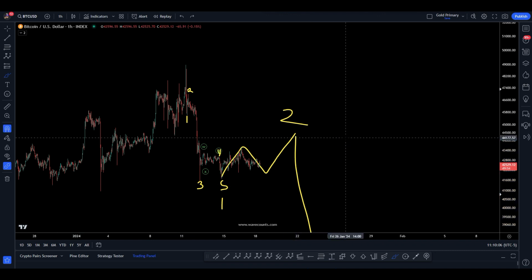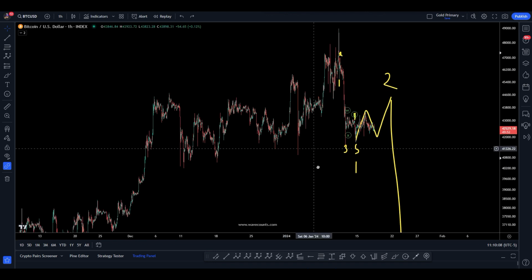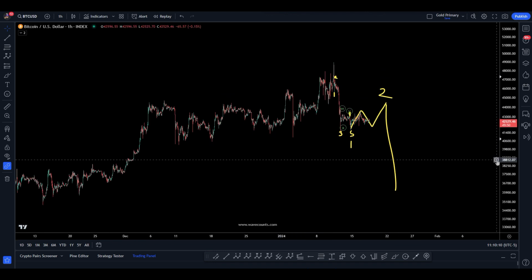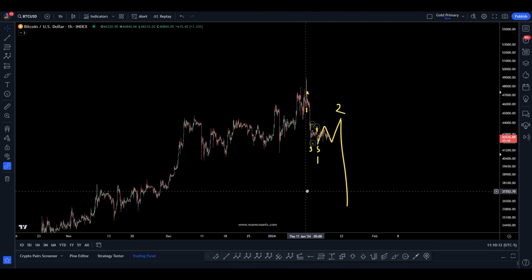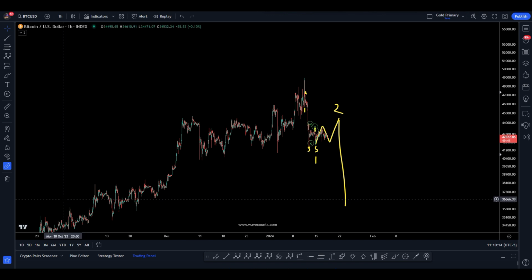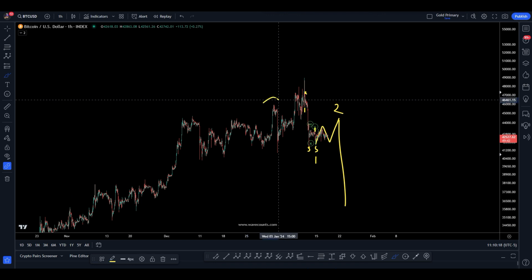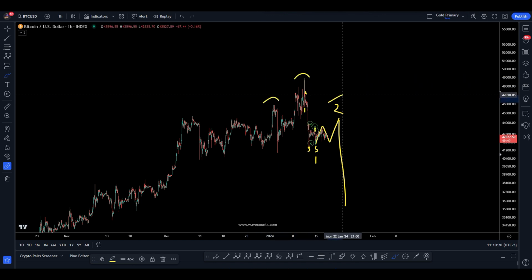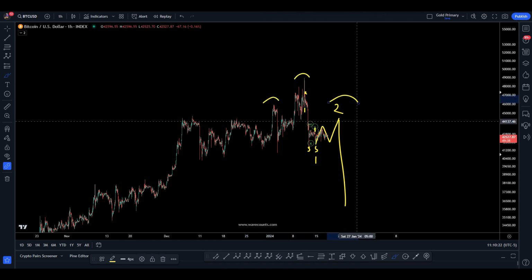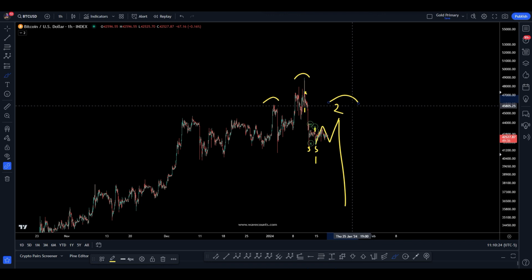And that's basically what I'm looking for here. Okay, and give you a nice little head and shoulders pattern too. Look at that. Head and shoulders that shit. And dump it.